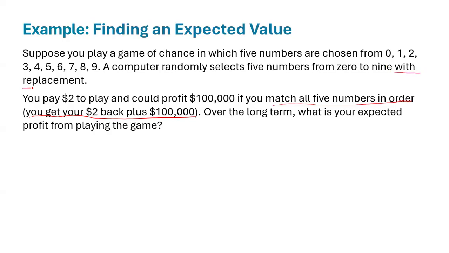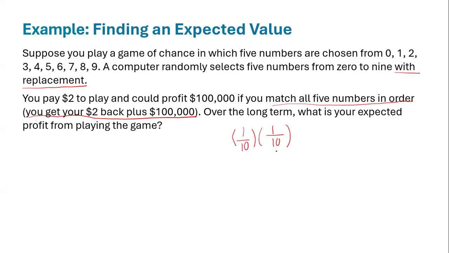When it says with replacement, that means when you select one number, you still have a chance to select that number again. So from 0 to 9, we have 10 numbers. What's the probability of choosing the first number correct? It's 1 over 10. What's the probability of choosing the second number correct? Since it says with replacement, we still have all 10 numbers. So again, it's 1 over 10.